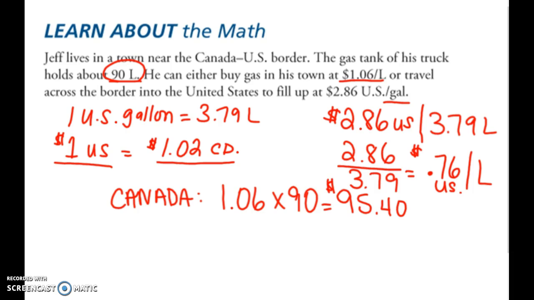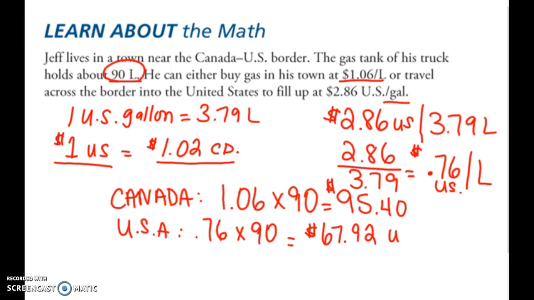In the States, USA, it is 76 cents per liter, and he still needs 90 liters. And that gets us to $67.92, and we're in American dollars.